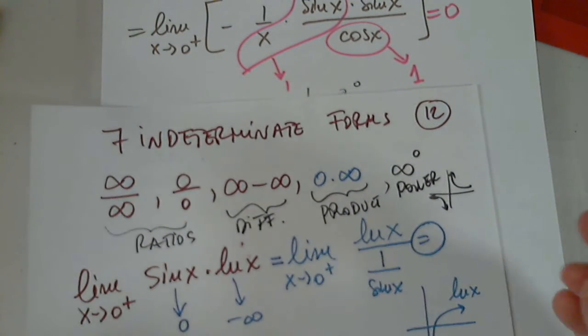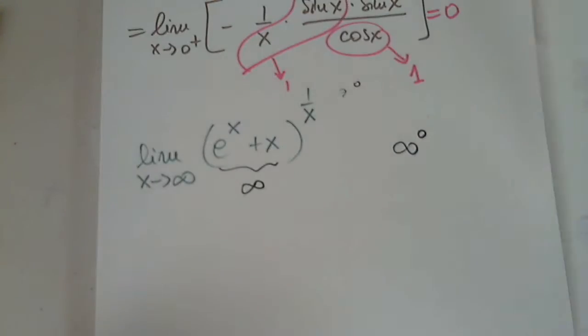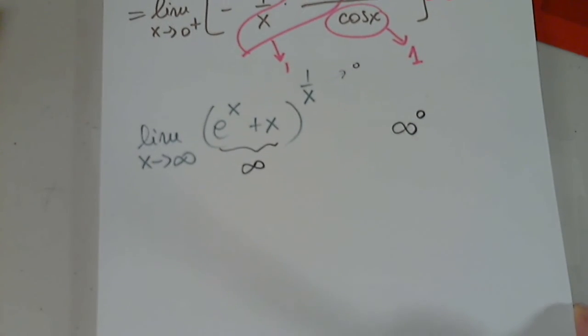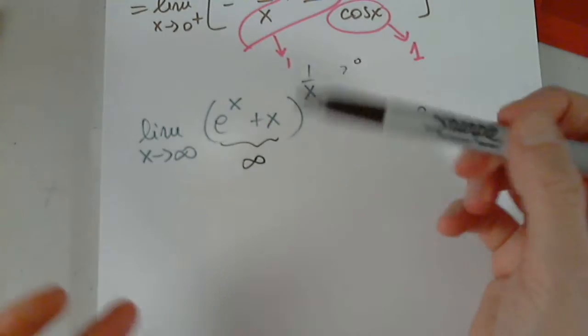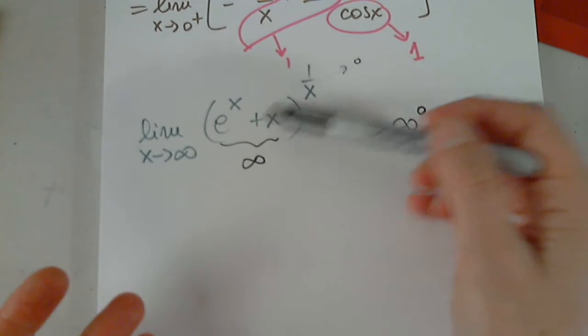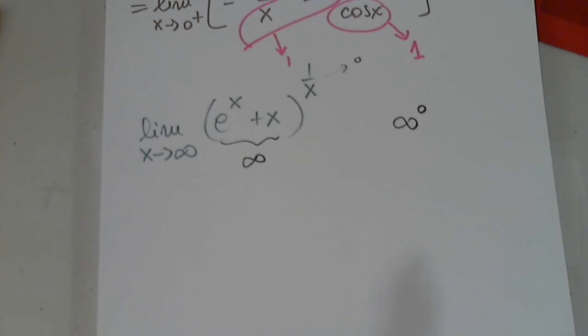So this requires more work than anything else, the power ones. Like before, what reminds you of a power, a function raised to a function? What does it remind you of? Chain rule.